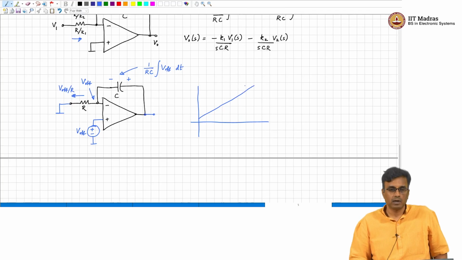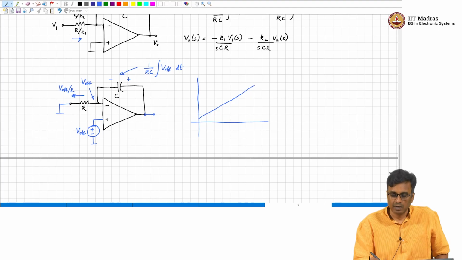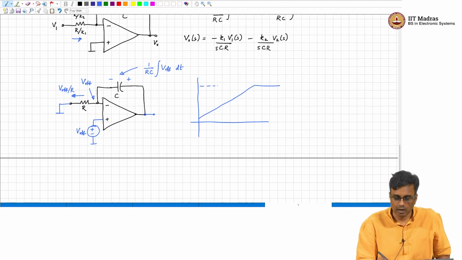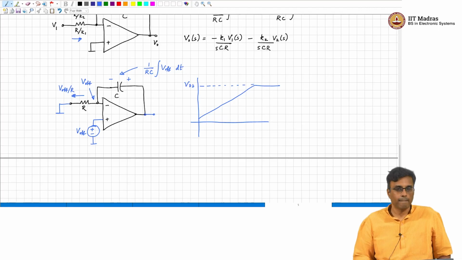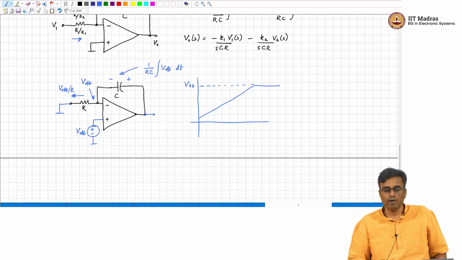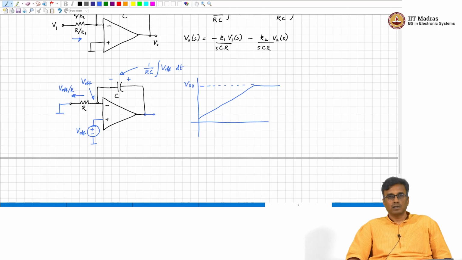Eventually, the op amp will saturate. If V offset is positive it saturates high; if V offset is negative, it will saturate to the negative state.